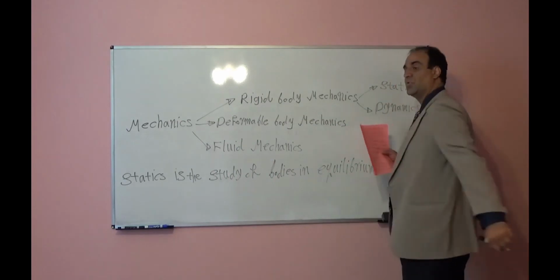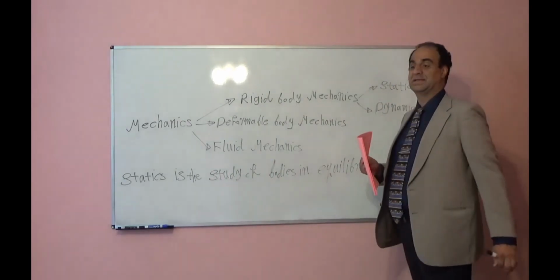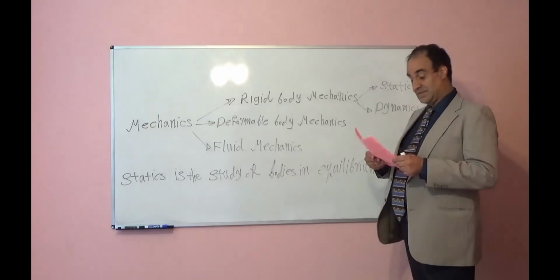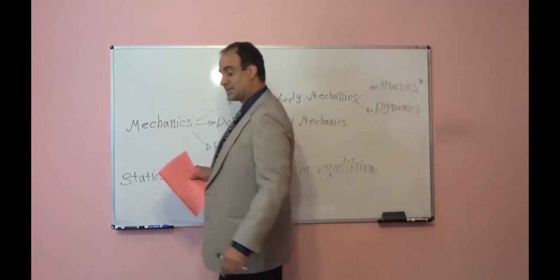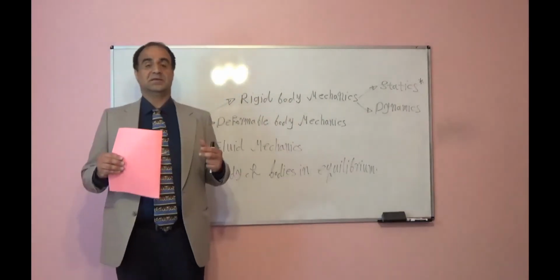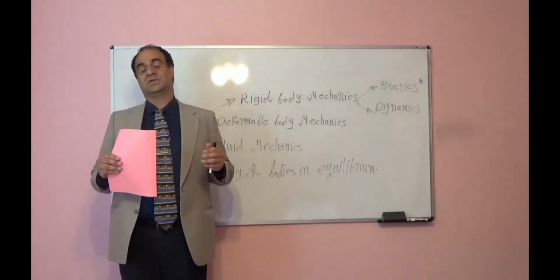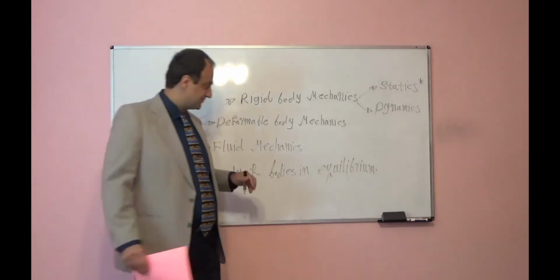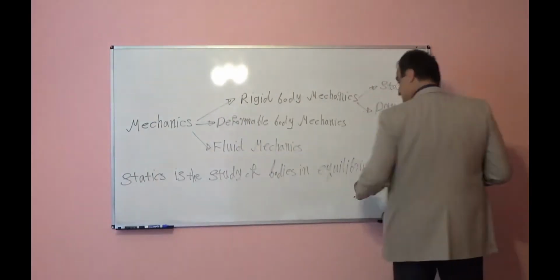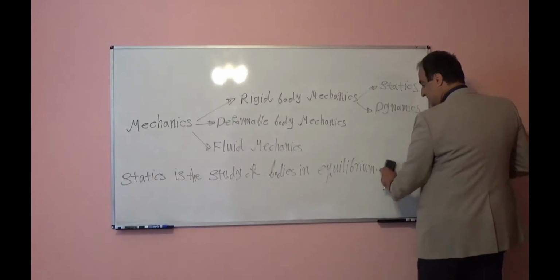So there is no motion in statics. The bodies are in equilibrium. In statics, we will divide bodies into two different categories. One of them we call a particle, another a rigid body. Let's see what a particle is and what a rigid body is.